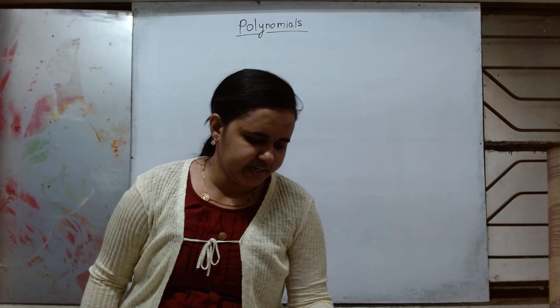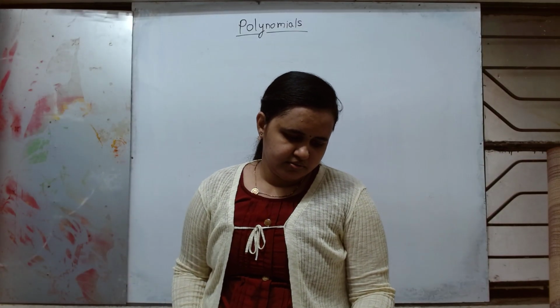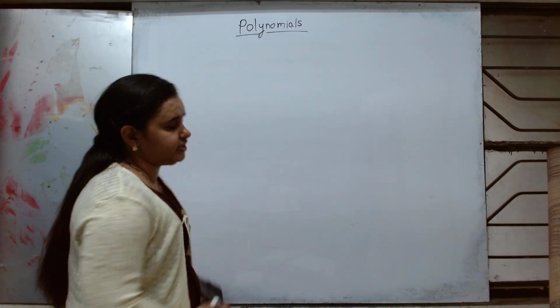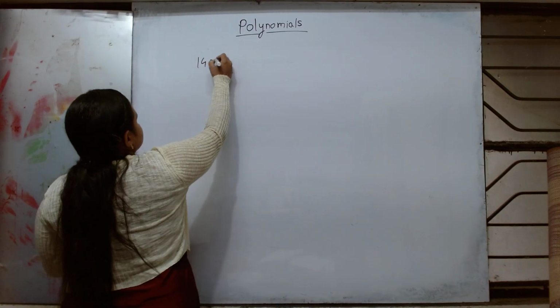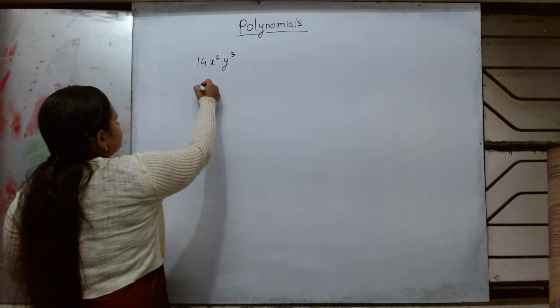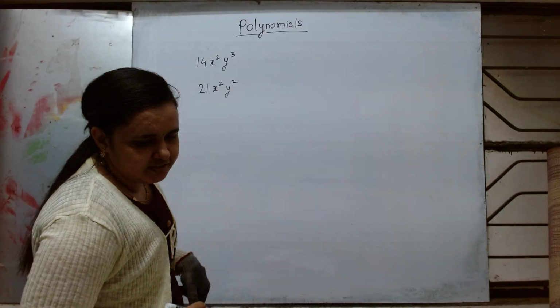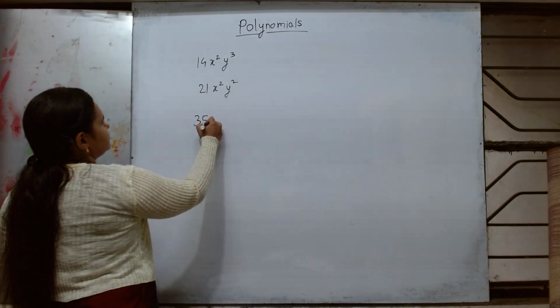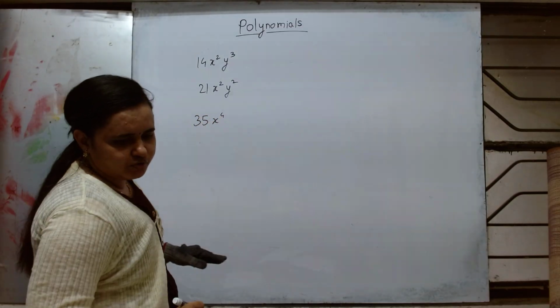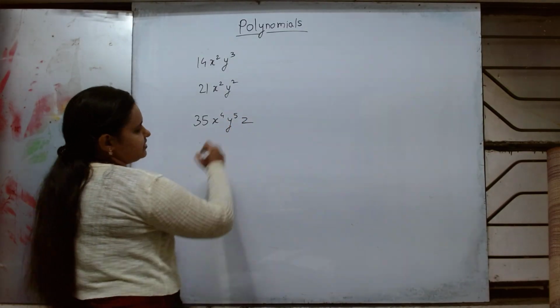Now sixth, a multi-correct choice type. Three monomials are given: 14x square y cube, 21x square y square, and 35x to the power 4, y to the power 5, z.